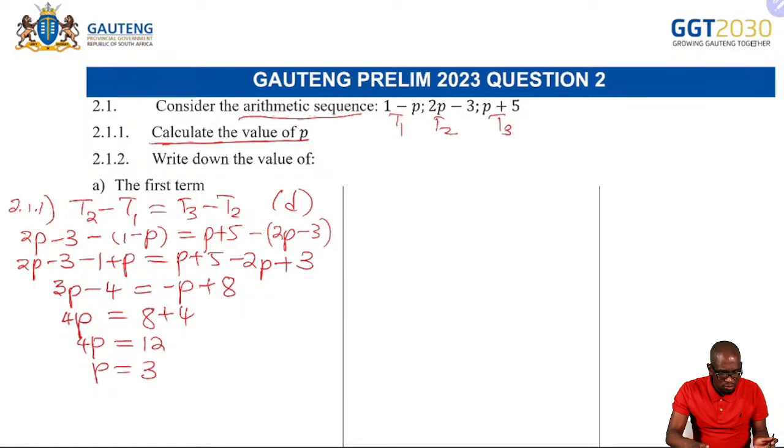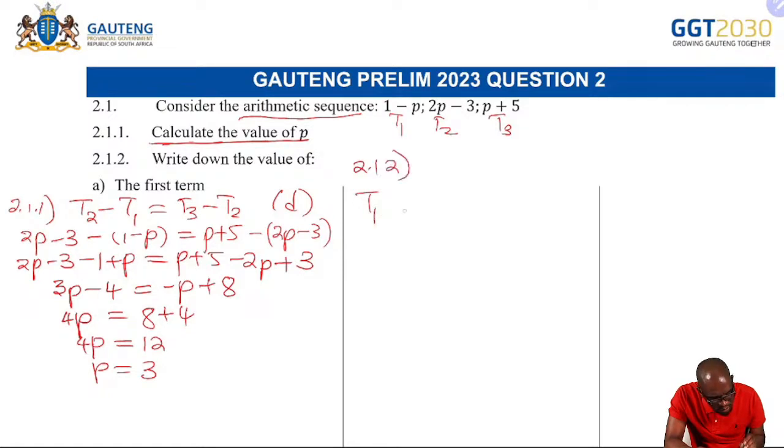Now that you've worked out the value of p, you can then write your sequence in terms of numbers, where you eliminate the parameter p, because you know what p is. Now, the next question says, write down the first term, which means you are looking for T1. You know what T1 is in terms of p.